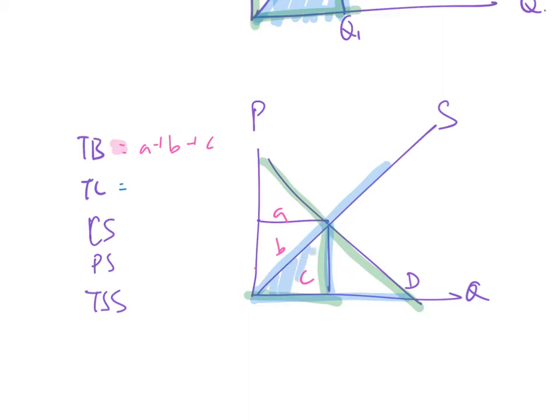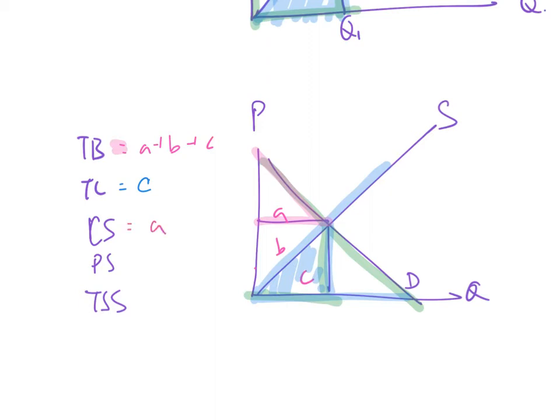So it's about this area. That's why it is C. Okay, consumer surplus is between the price and the demand curve. So it is area A.